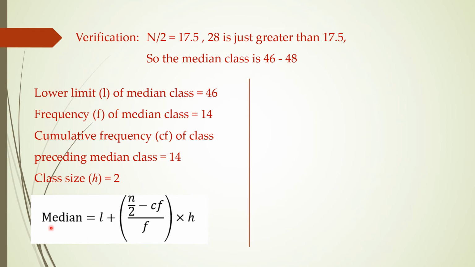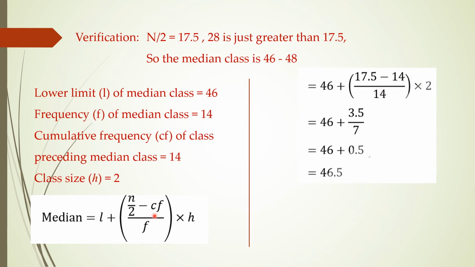The formula for finding the median is L plus n by 2 minus cf by f into h. Let us apply the values in the formula. L we got as 46. N by 2 we calculated already, 17.5. Cf is 14. Frequency is also 14, into the class size, which is 2.